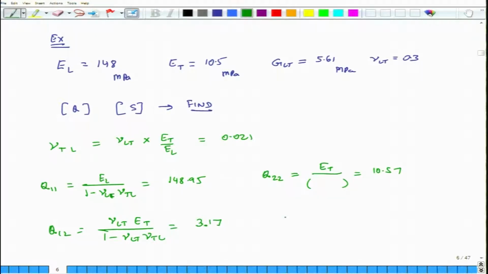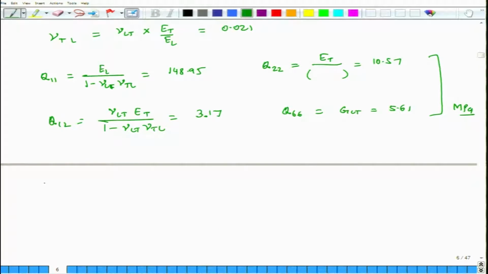And finally, Q66 is equal to GLT, and GLT is already known. So, that is 5.61, and the units of Qs are MPa. So, all engineering constants do not have the same unit because nu LT is dimensionless, but all Qs have the same dimension and the unit, which is MPa.